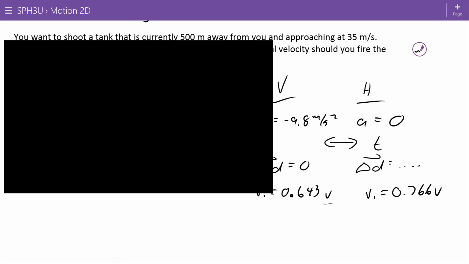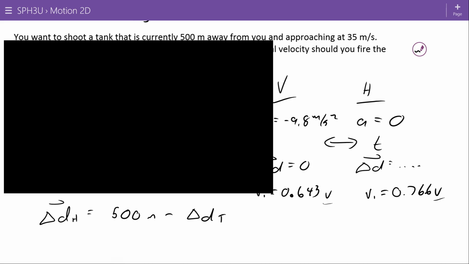So I've got this variable kicking around, but beyond that, I have enough information in both directions that I want to try and write an equation. There's just one piece I've left off. The distance here was supposed to be 500 meters, but this tank is coming towards you at 35 meters per second. What that means is that the horizontal distance that the shell should travel needs to be 500 meters minus the displacement of the tank during the question.